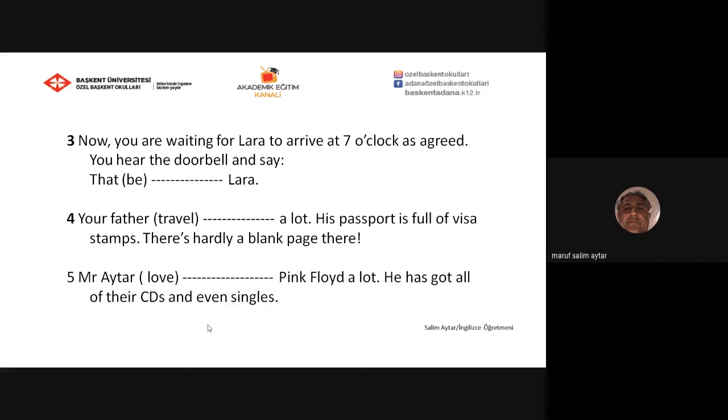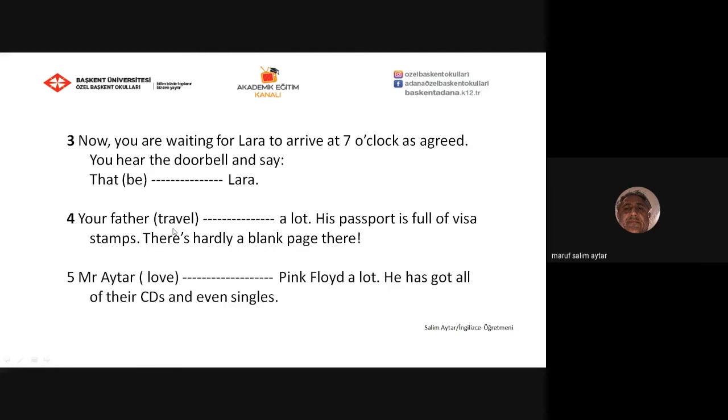In the third example, it says, now you're waiting for Lara to arrive at 7 o'clock as agreed. So this is a good clue. That means you agreed that Lara should arrive at 7 o'clock. And now it is 7 o'clock. You hear the doorbell and say that must be Lara.